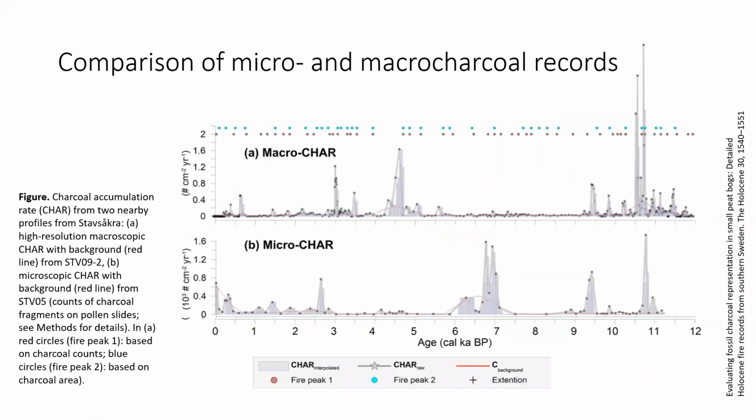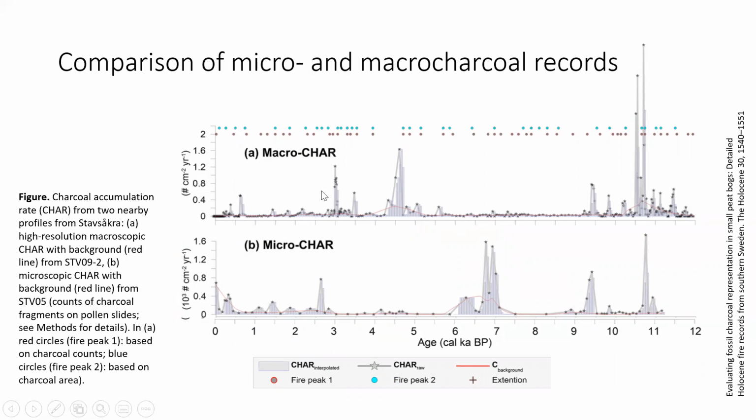Another comparison now with the microscopic and macroscopic charcoal records. Basically, in the upper panel here, there's a fire reconstruction based on macroscopic charcoal records, and then in the lower panel, there's a record of microscopic charcoal.